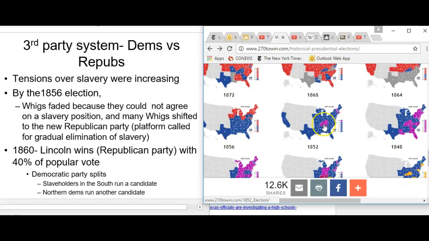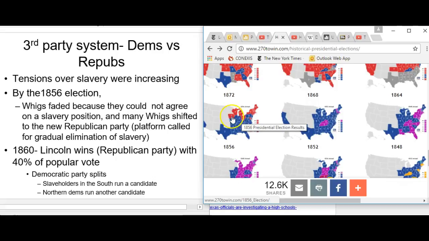And what happened actually was that the Whig Party itself could not come to a decision about what to put in their platform about slavery. And because voters were most interested in voting on the basis of the issue of slavery and what should be done about it, and the Whig Party didn't have anything about that in their platform, voters went somewhere else.